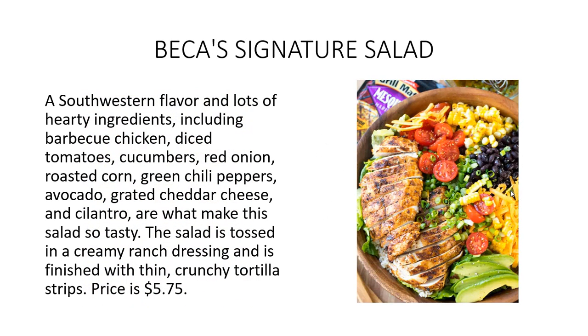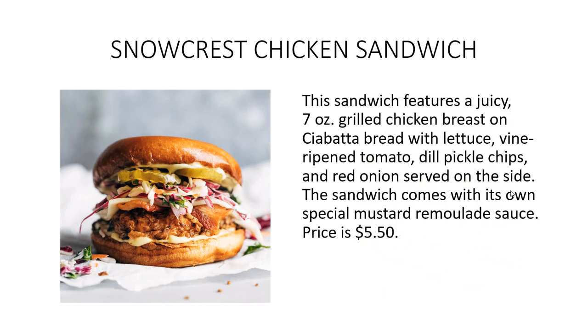And then here, a southwestern flavor and lots of hearty ingredients, including barbecue chicken, diced tomatoes, cucumbers, red onion, roasted corn, green chili peppers, avocado, grated cheddar cheese, and cilantro are what make this salad so tasty. The salad is tossed in a creamy ranch dressing and is finished with... and see, I didn't even have enough time to finish reading all that. So if you were actually doing this, 15 seconds might not be enough time. You might have to change that transition to like 20 seconds.